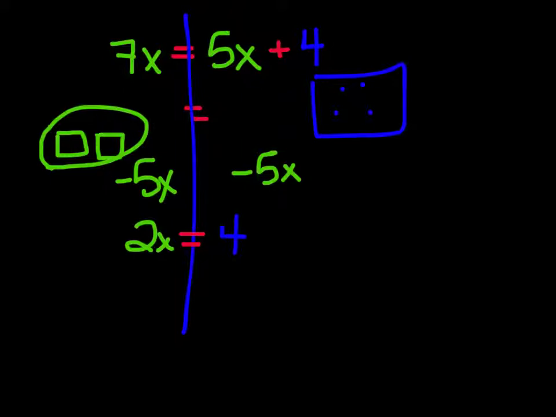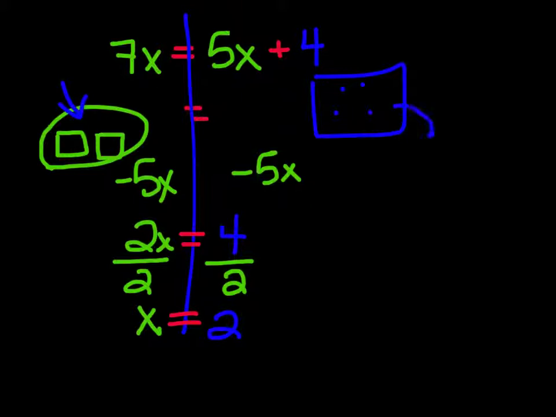So now our last little step is we can divide by 2 on both sides, and all we have remaining is x is equal to 2. Looking at the drawing, we have 2 x's on one side and 4 dots, so one of these is equal to 2, and the other one is equal to 2. So x, the thing that we don't know, is equal to 2.